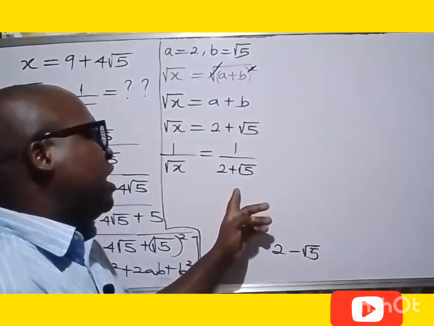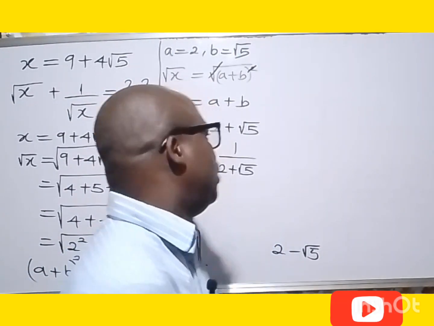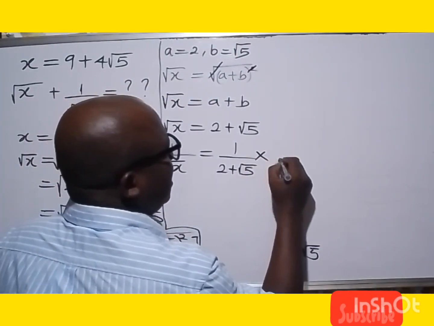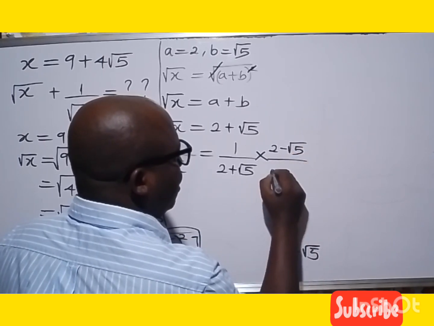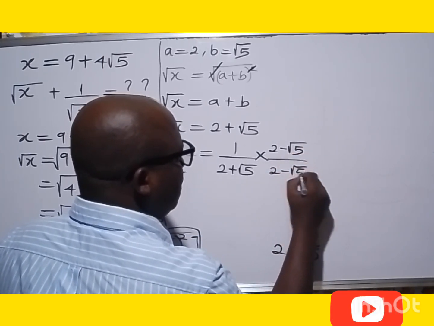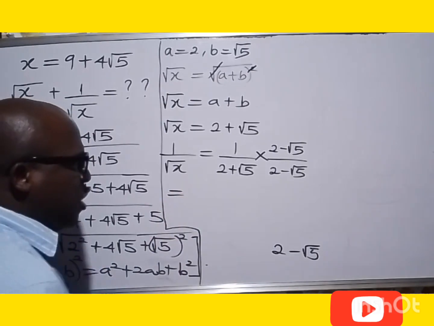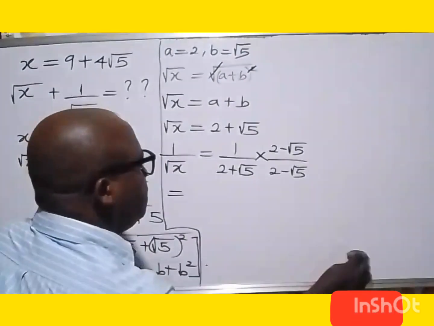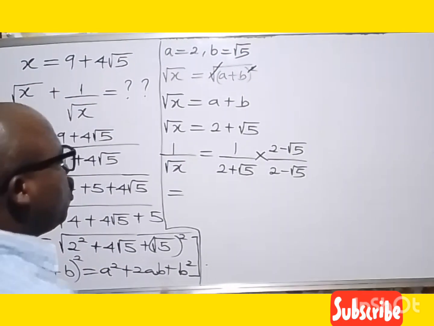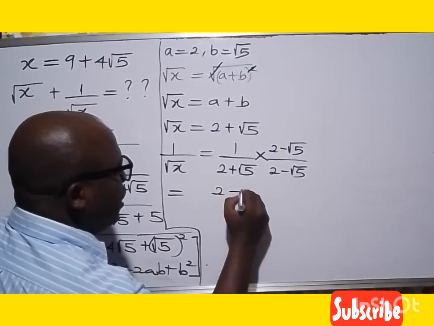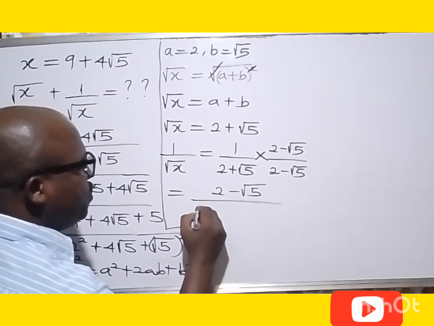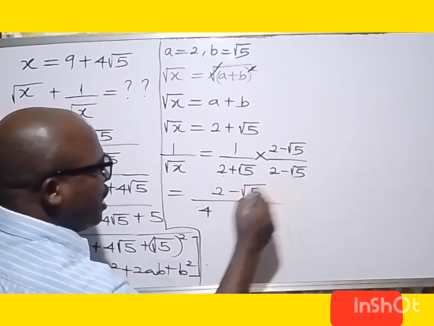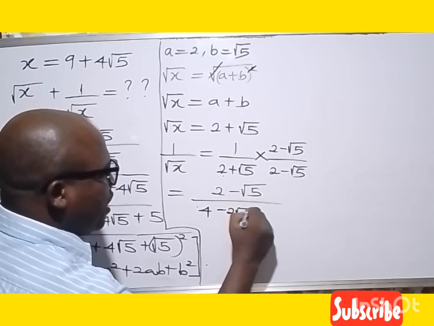Then we can multiply both numerator and denominator. That means that we have something like this, times 2 minus root 5 all over 2 minus root 5. If we multiply out, for the numerator we have 2 minus root 5. Then for the denominator, 2 times this gives us 4. 2 times this gives us minus 2 root 5.